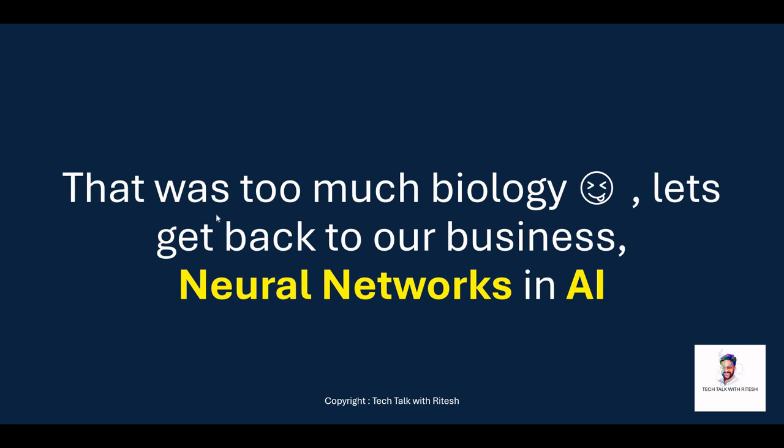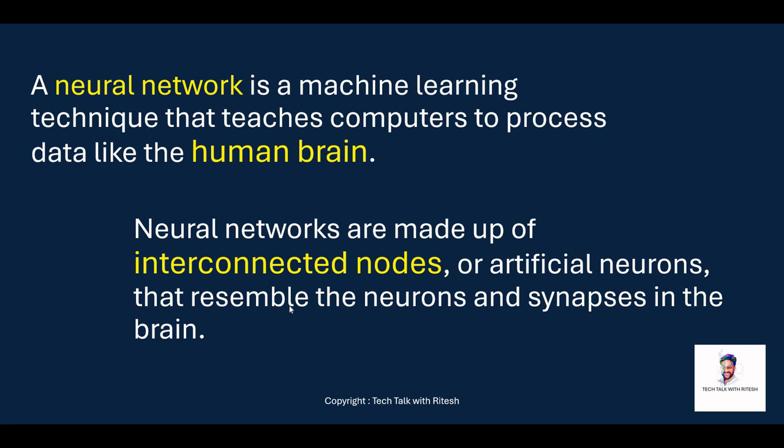Even I was like, okay, that was too much biology, and let's get back to neural networks. So a neuron, we understand, is a cell type in the human brain, right? Now what will a neural network be in AI then? A neural network is a machine learning technique that teaches computers to process data like the human brain.